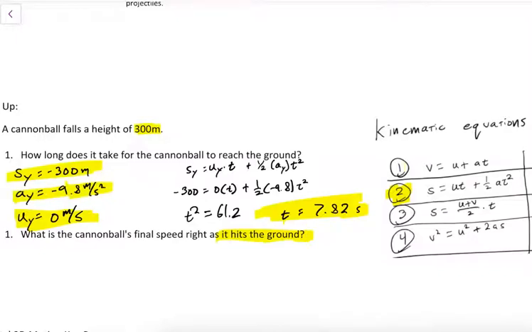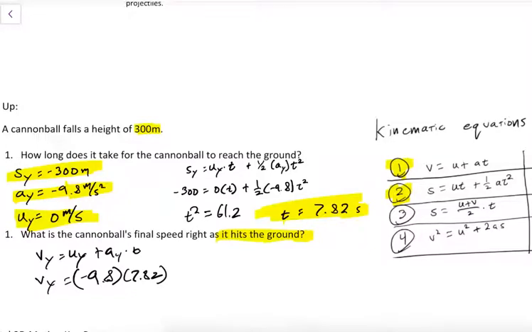I think the easiest one is equation 1. I don't even need s of y. So v of y is equal to u of y plus a of y times t. So v of y is really just negative 9.8 times 7.82. It's just however many seconds times g.